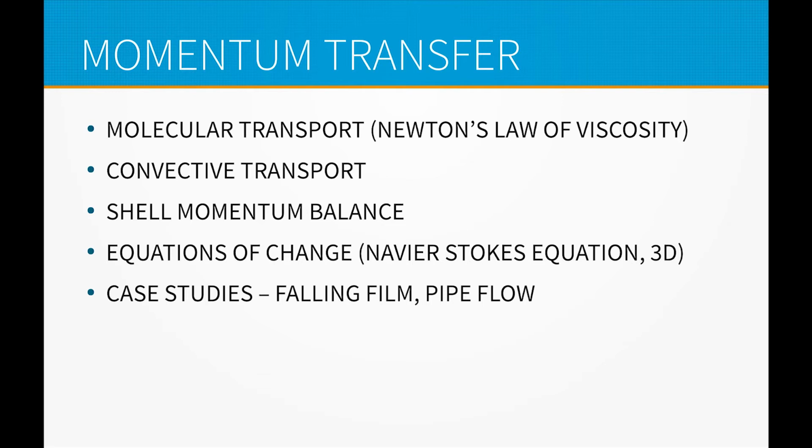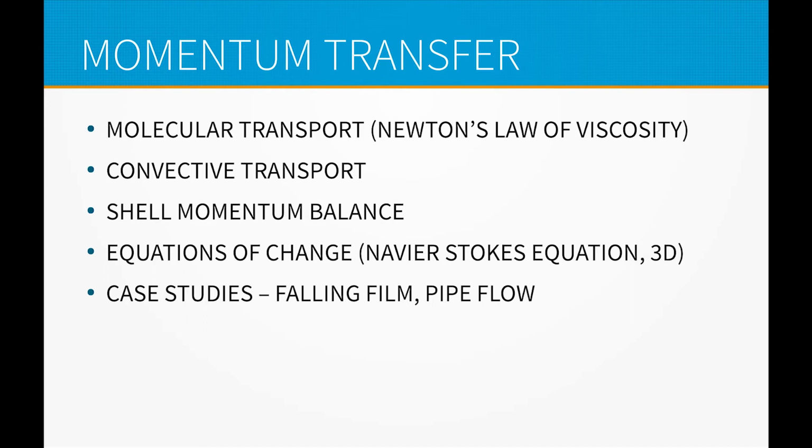Next, equation of change. So you already know Navier-Stokes equation. Okay, the thing is that we'll study Navier-Stokes equation in 3D, and in all possible coordinates: cylindrical, rectangular, and spherical as well.